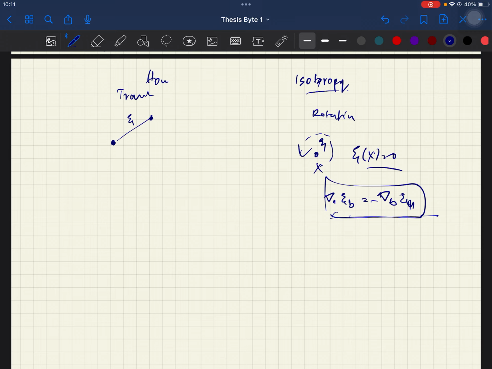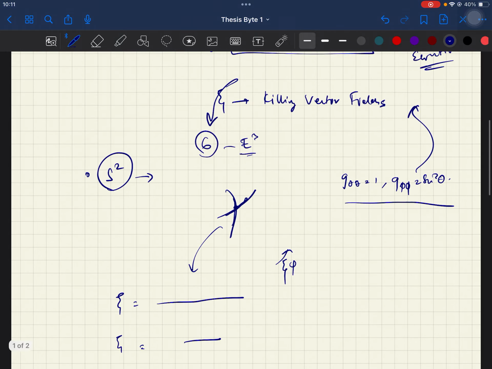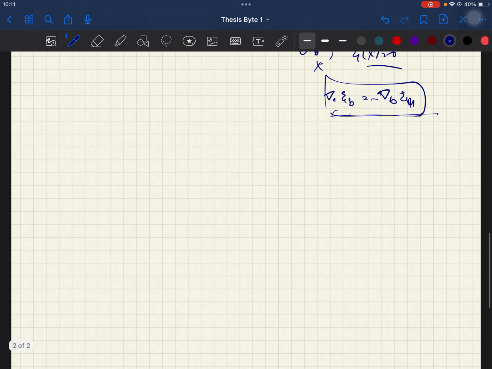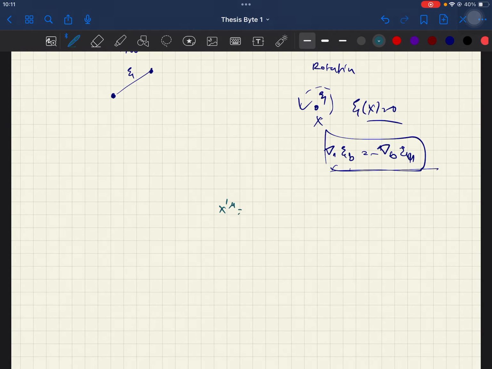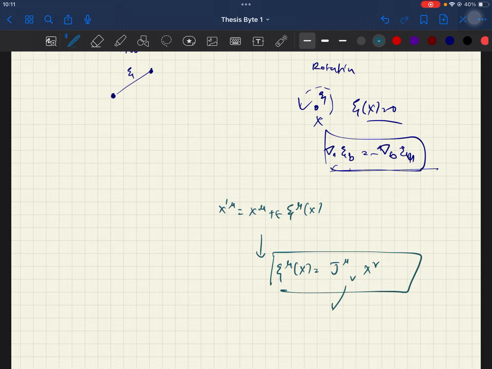So the tricky part that I went through the calculations of was: okay, if the derivatives span the entire space and then rotations are generated, but are these rotations that are generated isometries? Then when you look at the calculations, for this transformation xi mu of x to be a rotation, it can be trivially checked, it has to be something like this, where your j is an antisymmetric matrix, right?